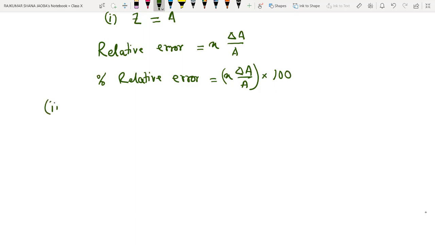And second case, Z equal to A to the power m, B to the power n, C to the power p divided by E to the power q.